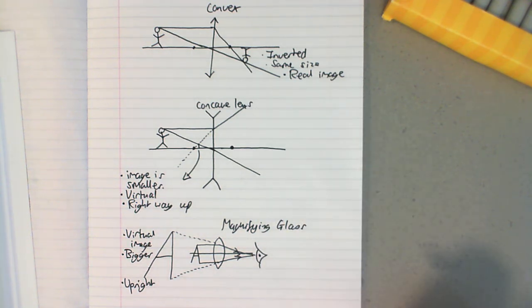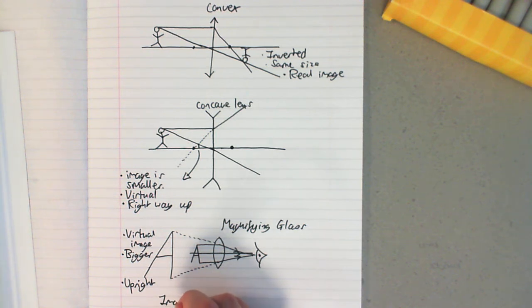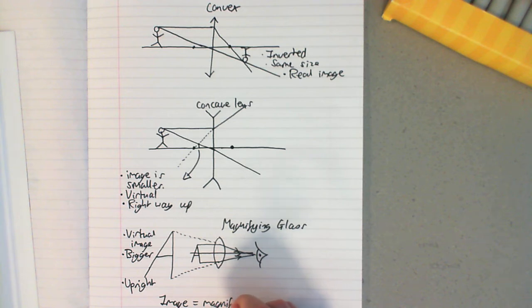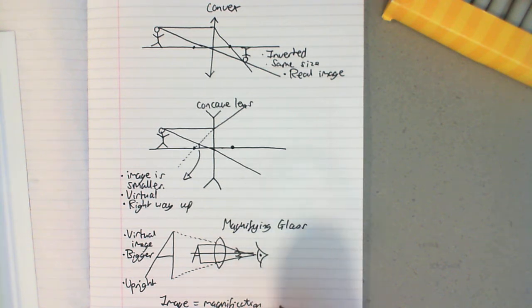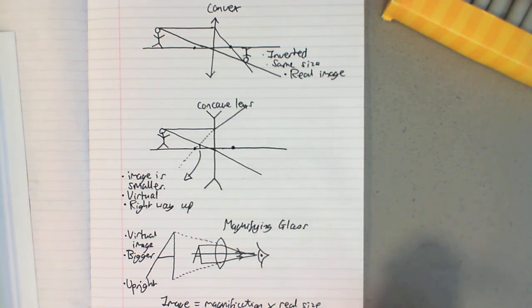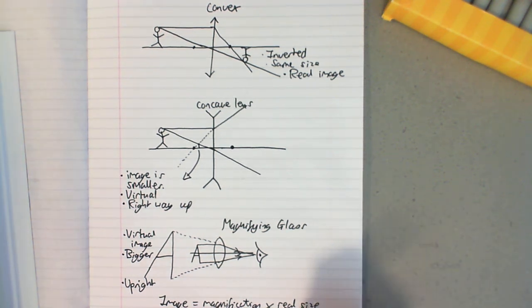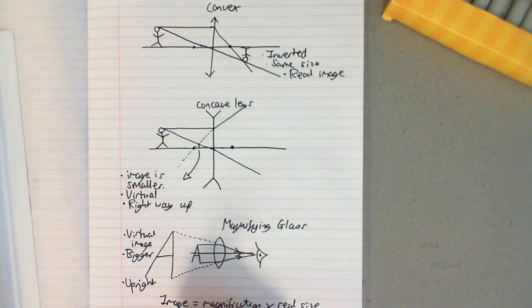And there's an equation to know how much bigger it's got: the size of the image, the height of this image, equals the magnification times the real size of the object. For example, let's say our object is 10 centimetres, but our image is 50 centimetres.